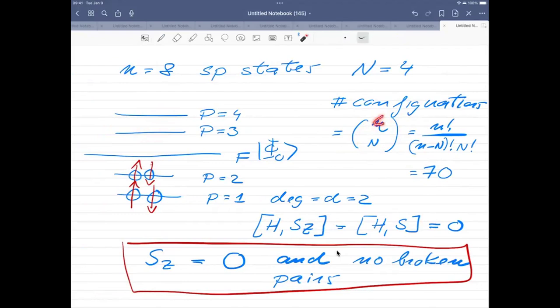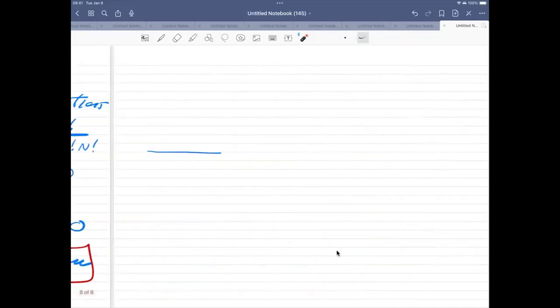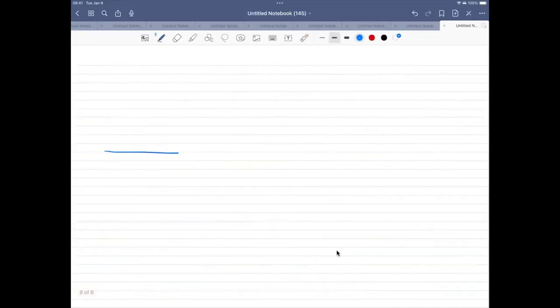So n becomes 4, and then the number of pairs is simply 2. And then the combinatorics is going to give us 6 possible Slater determinants. So let's simply list them, and then look at how we can define them in terms of particle hole excitations.